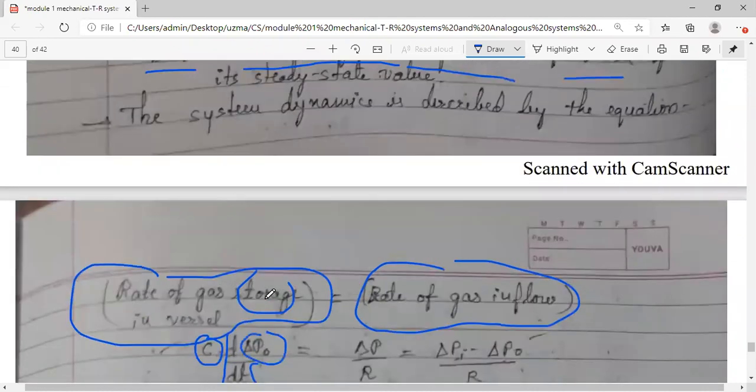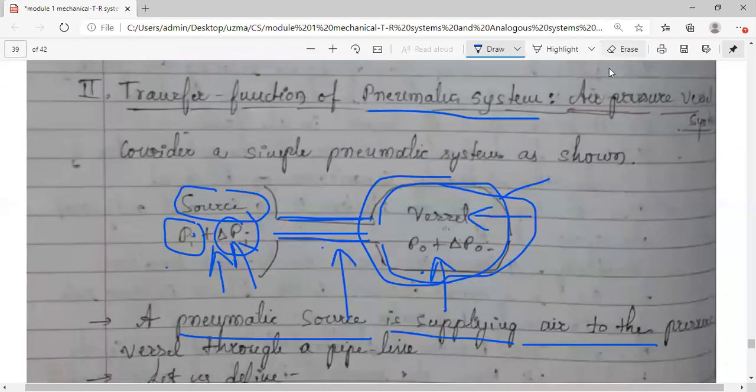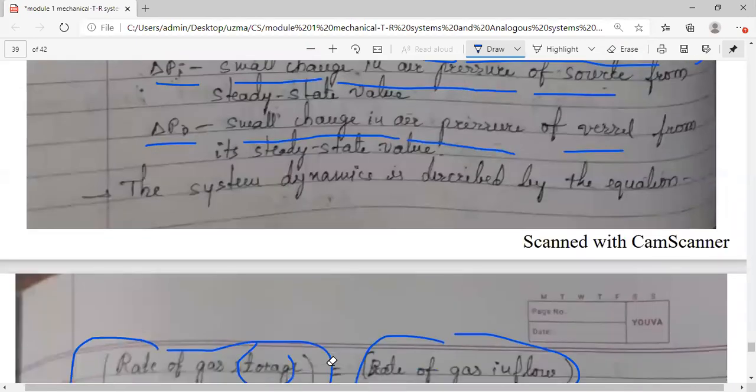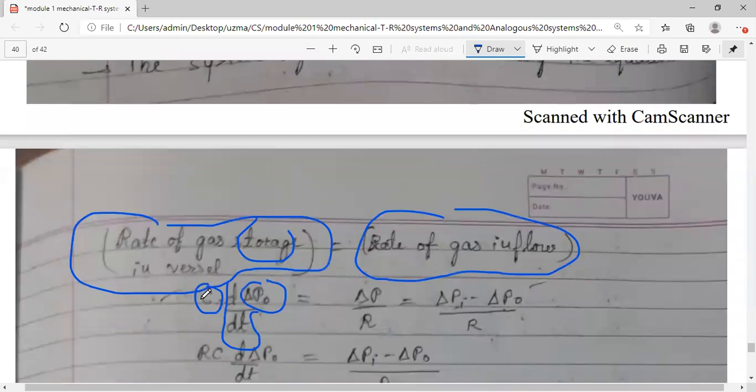Why P naught? Inside the vessel, check what the change is. Inside the vessel, the pressure is changed, right?